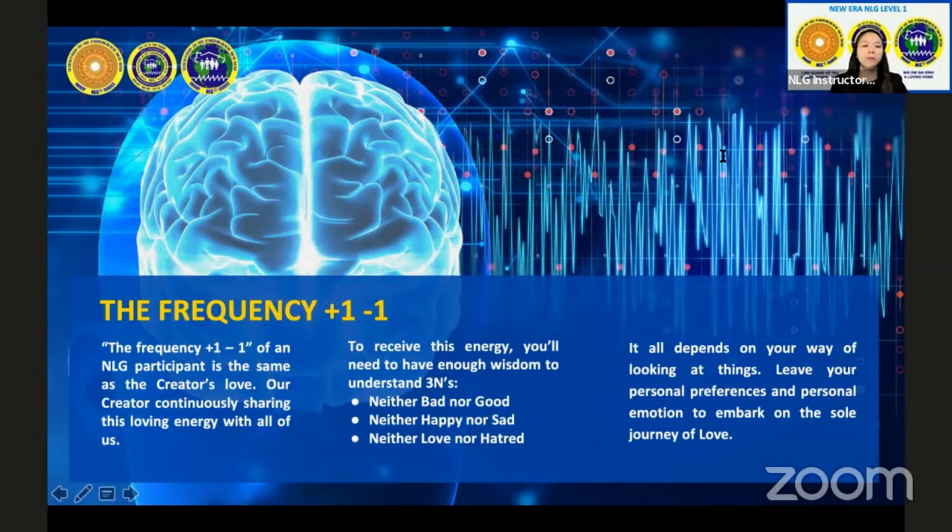What we're saying is that when you do experience this intense emotion, you understand that you need to balance it straight away. So you go back down to that +1 -1 frequency more regularly, more quickly, more efficiently, because you understand the importance of maintaining yourself in that +1 -1 frequency to connect you or continue to connect you to this energy source.